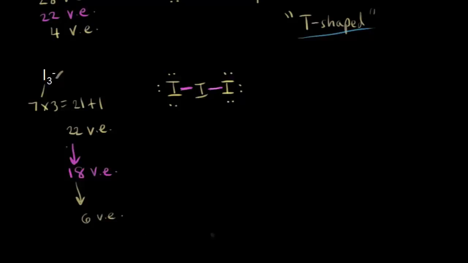Those leftover electrons are, of course, going to be assigned to our central atom. With 6 valence electrons, you would expect 3 lone pairs of electrons. So let's put those last 6 valence electrons around our central iodine in the form of 3 lone pairs. Since this is an ion, we should put this in brackets and put a -1 charge outside like that.